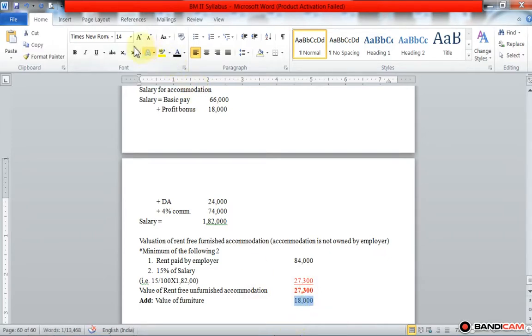Then we get the value of rent-free furnished accommodation.